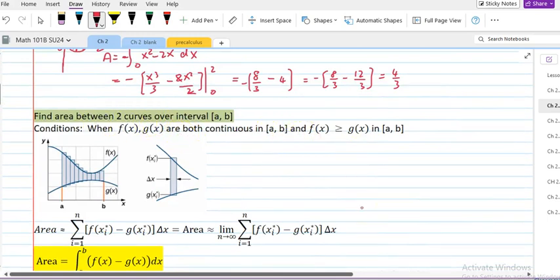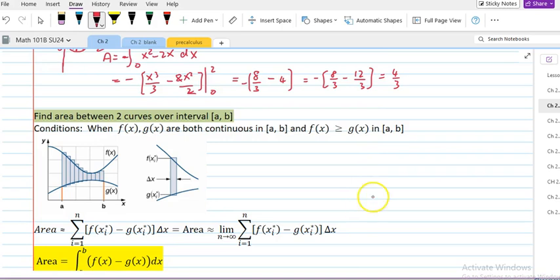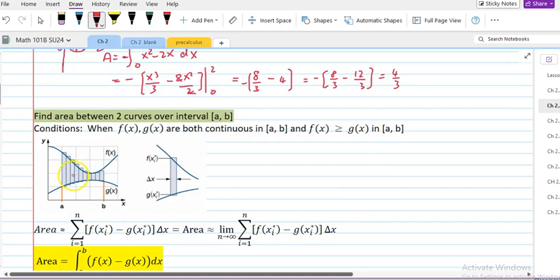So we use the same argument that we used to find area, which is adding all these small rectangles together. Now, each one of these small rectangles will have a height of not just f of x, but f of x minus g of x, because for the time being, we assume that f is on top of g.